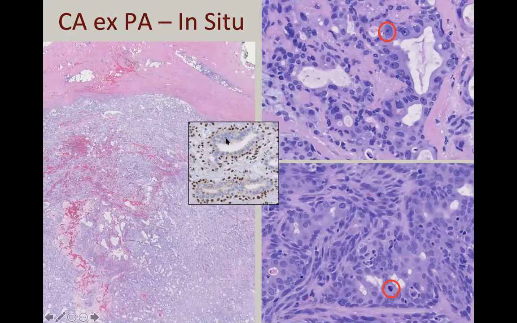You still have this bilayered ductal structure, but within the bilayered ducts, you start to have increasing cytologic atypia with nucleoli. You start to have increasing mitoses, but these neoplastic cells have not yet broken through the boundary of the tumor, the boundary of the capsule, and these are so-called in situ.